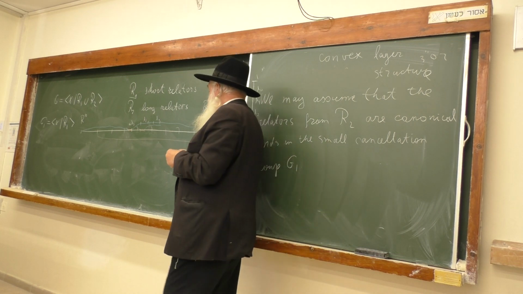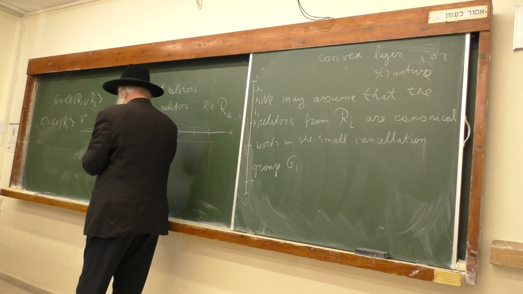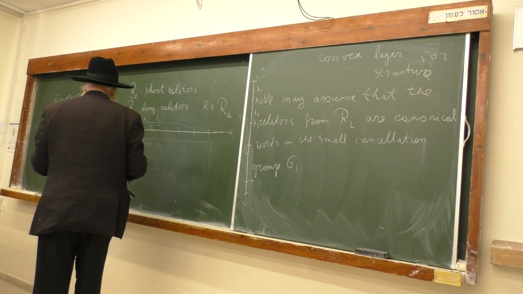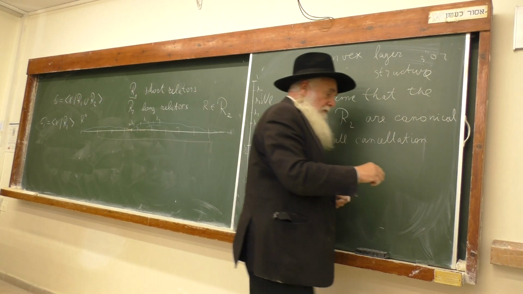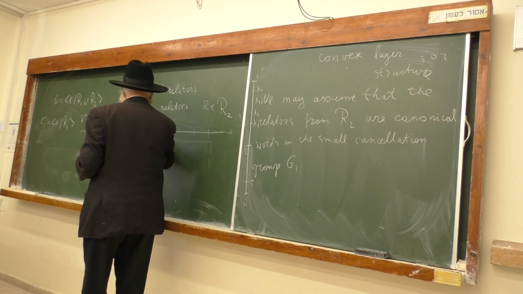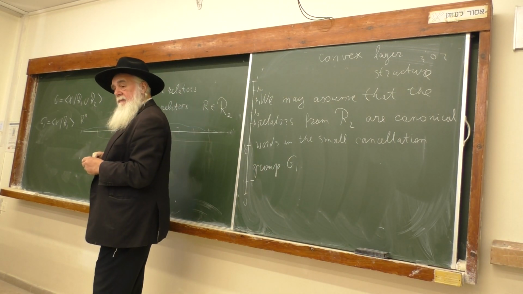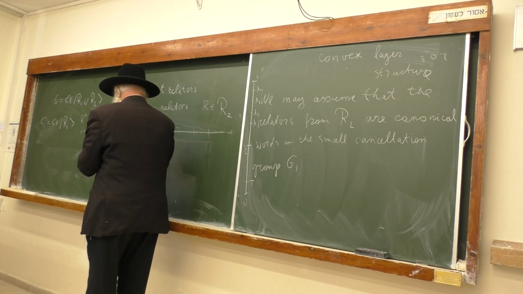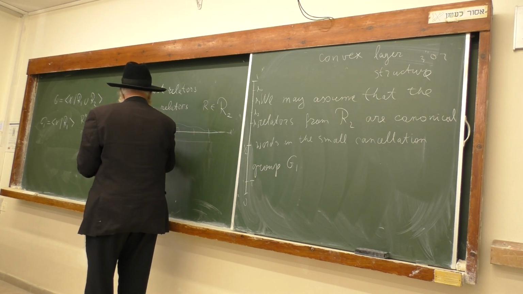But in some way, it has to pass over the next instance of this word, because it's periodic. So this is less or equal than lambda 3.